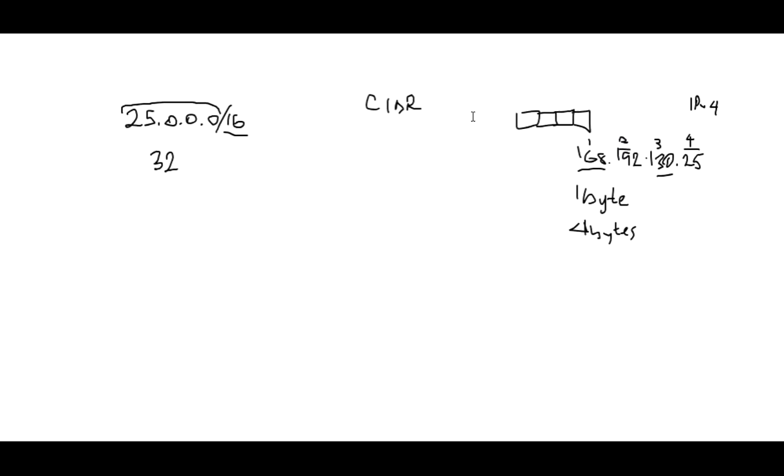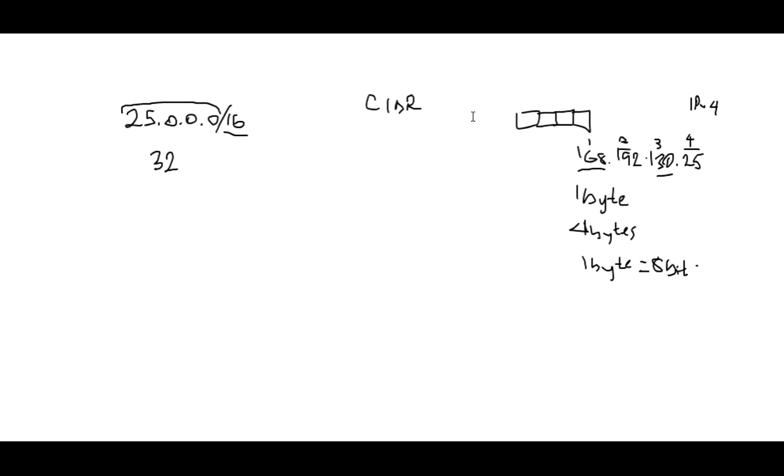Okay, just look at this. All right, so a typical IP version 4 has 4 bytes. Now 1 byte is equals to 8 bits.